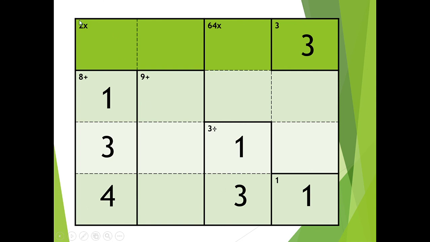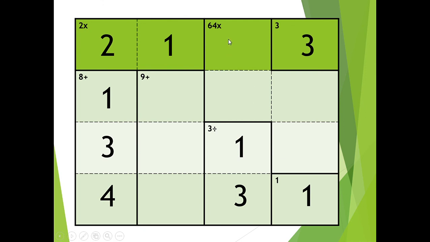Sunod, kining 2x. So, unsa ito, duha ka number na kung ato i-multiply, mo equal siya sa 2. That is 1 and 2. So, diri nato ibutang si 2, and then diri nato ibutang si 1. Sunod, kining 64x. So, upat ka number, gikan diri pasingo diri, na kung ato siya i-multiply, mo equal siya sa 64.